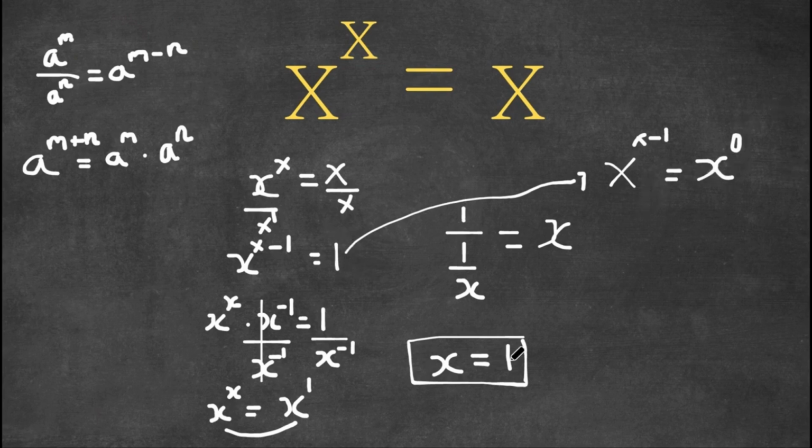Now, we're going to do the same thing as we did here. We're going to set our exponents equal to each other. So we set x minus 1 equals 0. And if we add 1 on both sides, we get x equals 1. So this is another way of doing it.